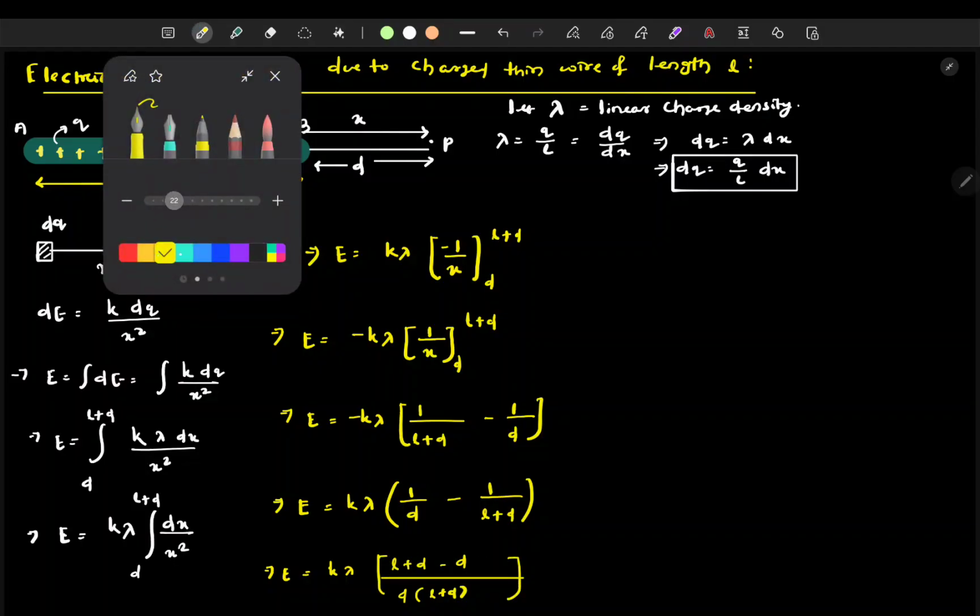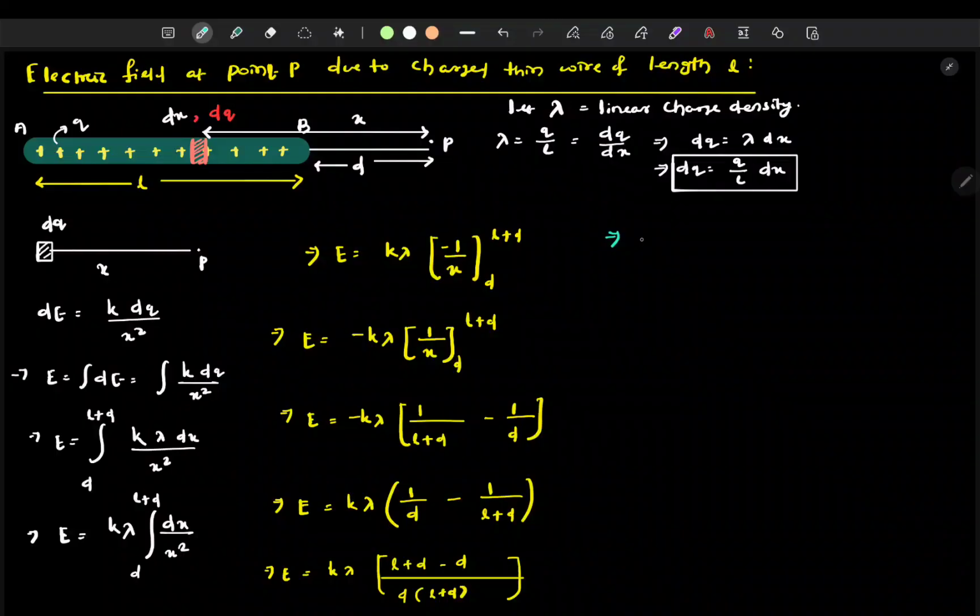After solving, E is equal to k lambda, the numerator d cancels, so L divided by d into L plus d. What is lambda? Lambda is Q by L. This is one answer.